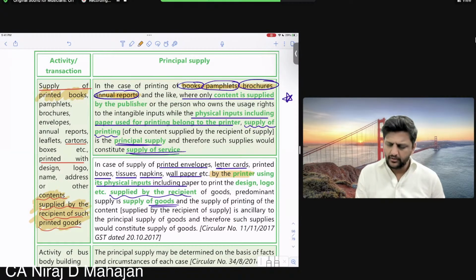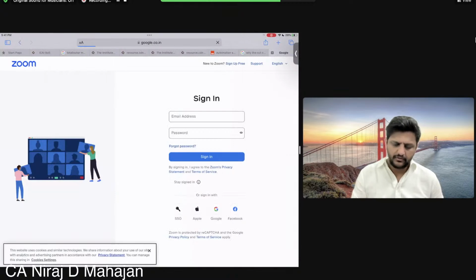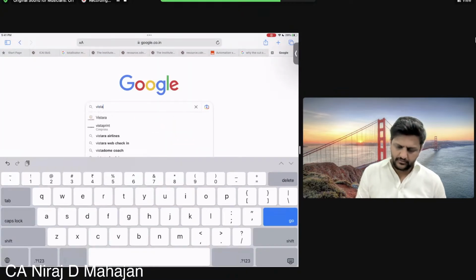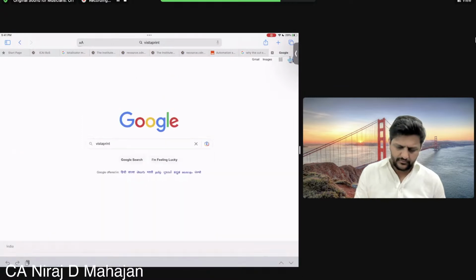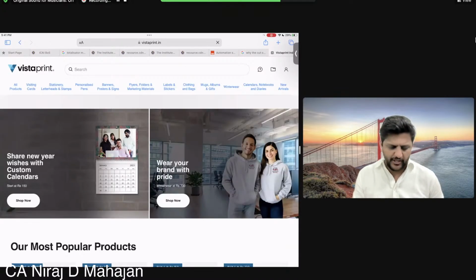So here, there is a website, Vista Print, correct? I don't know if you've seen it or not. I had forgotten about it. Check here if you'll get it. Vista Print. Check here.